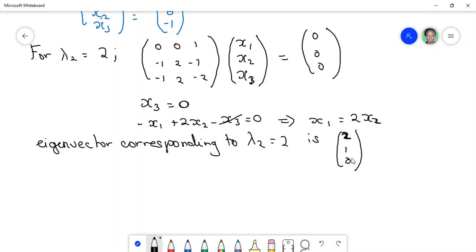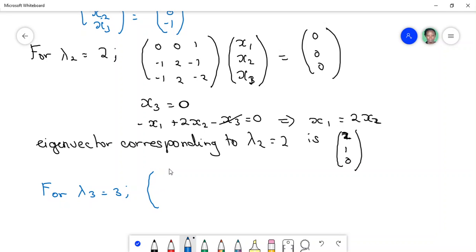Then for the third part, lambda equal to 3. For lambda 3 to be equal to 3, what do we have?